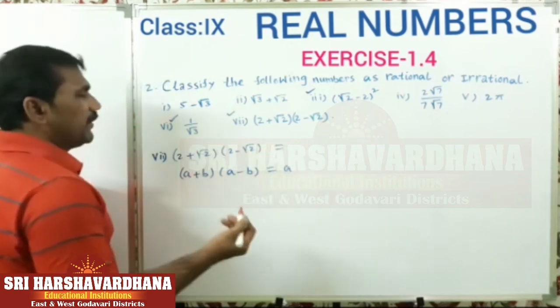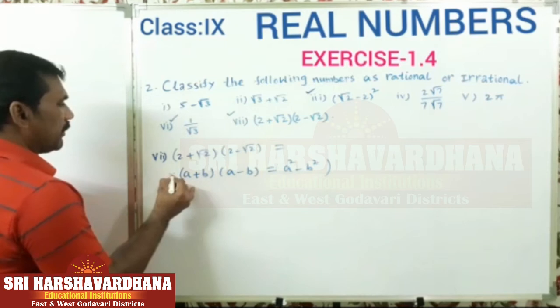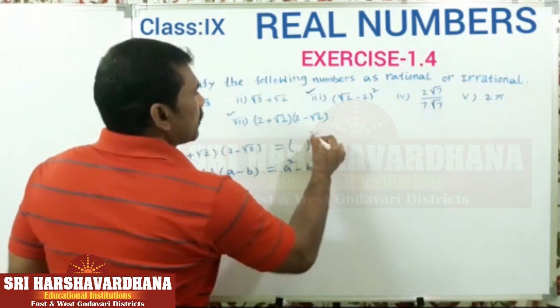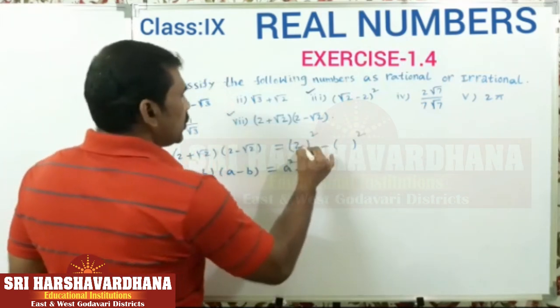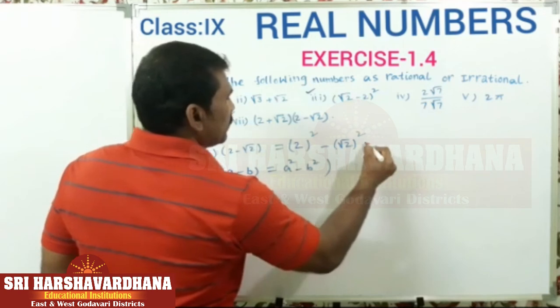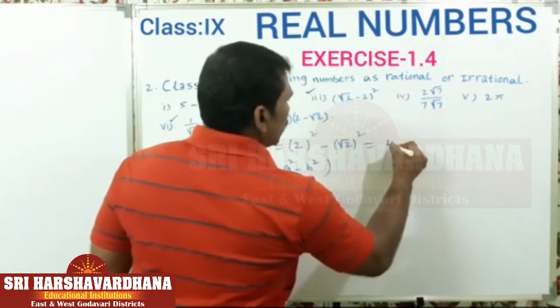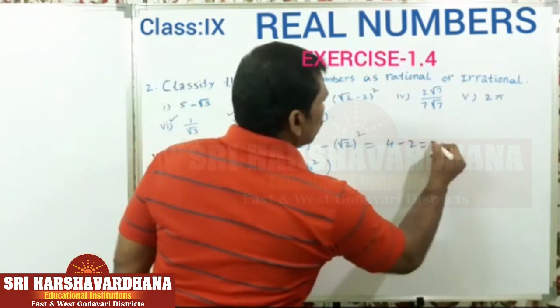What is the formula for finding a plus b into a minus b? A square minus b square. So, first term square minus second term square. What is first term? 2. What is second term? Root 2. Square of 2 equal to 4. Square of root 2 equal to 2.